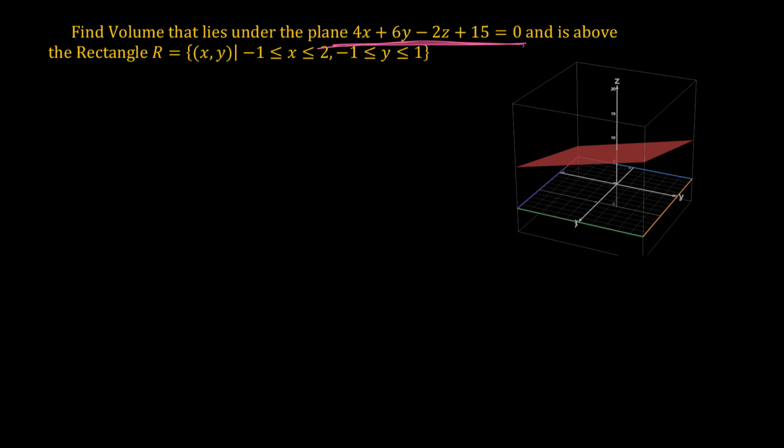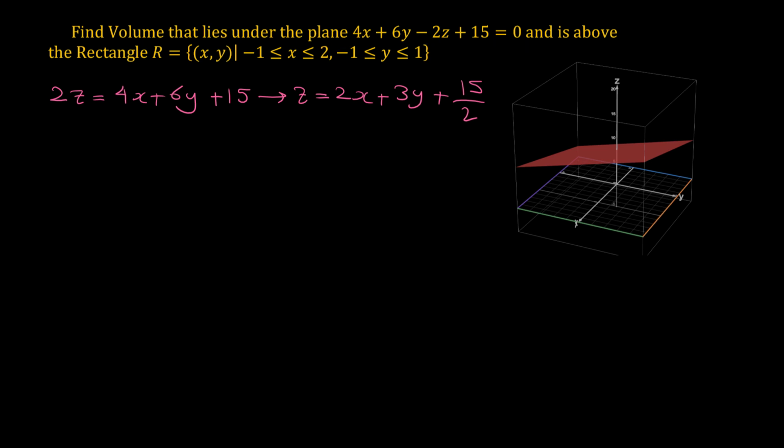If we want to solve this for z, we can move 2z to the other side, and then we have 2z equals 4x plus 6y plus 15. If we divide both sides by 2, z equals 2x plus 3y plus 15 over 2.